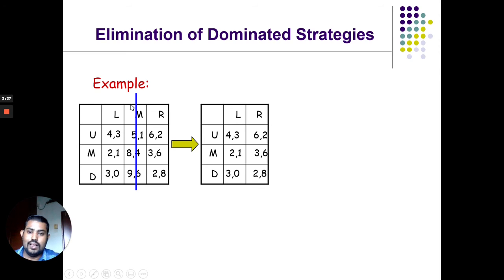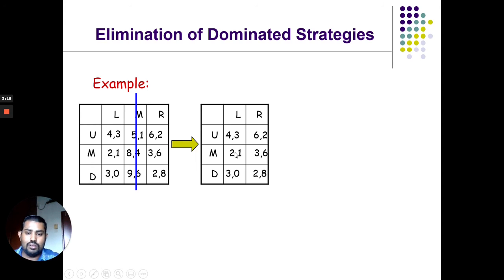So next, when we already eliminate the particular column, since it is strictly dominated, we throw it away. Then we will be left with 2 columns here, and we still have three rows. So next, let's look at the rows.